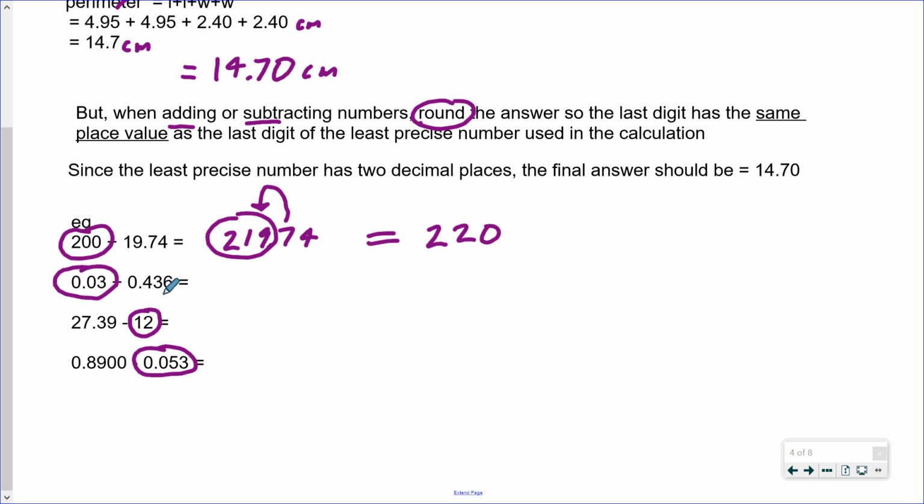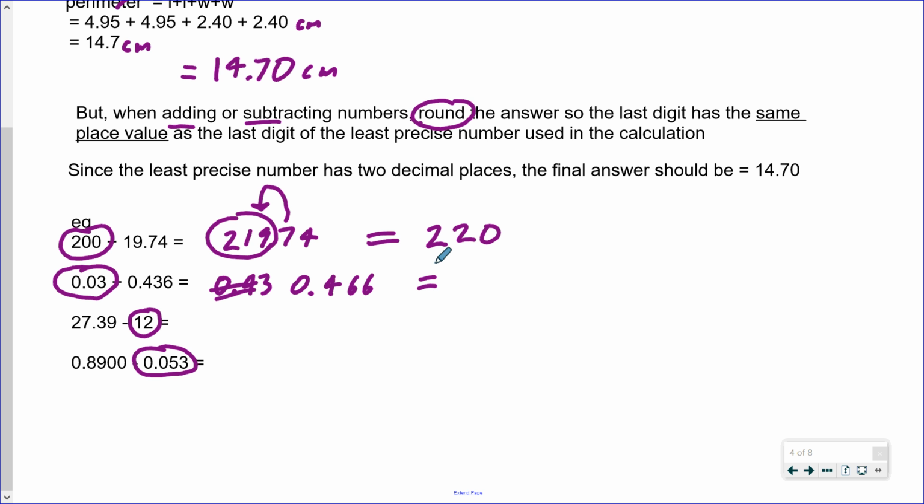So this one here, when we add them together, we get 0.43, 43, 0.466. All right, just adding those two numbers together.